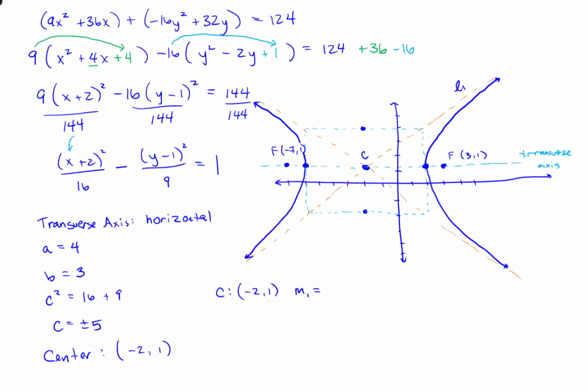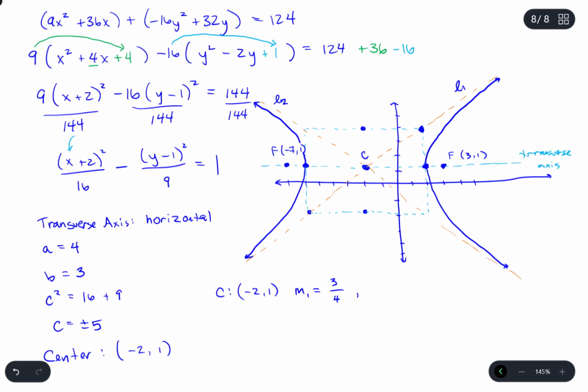If I went from the center up to this upper point, I would go up B and over A. So the slope is going to be a rise of B, which was 3, and a run of 4.